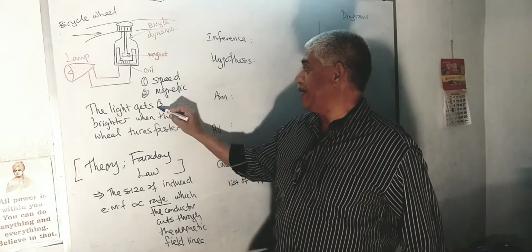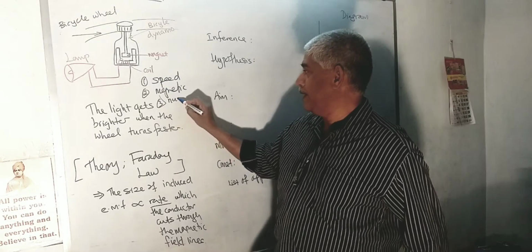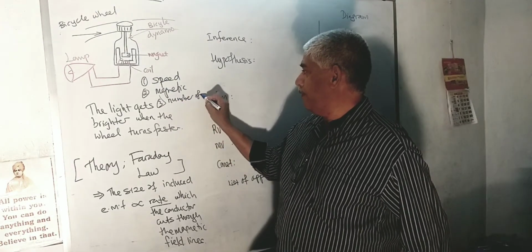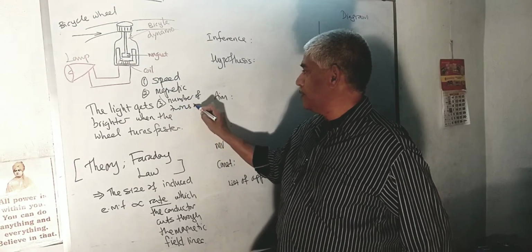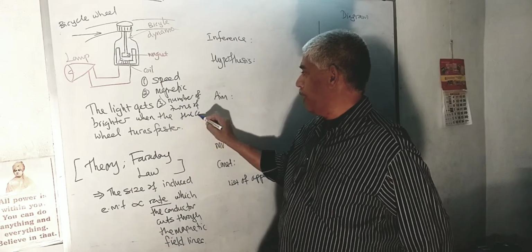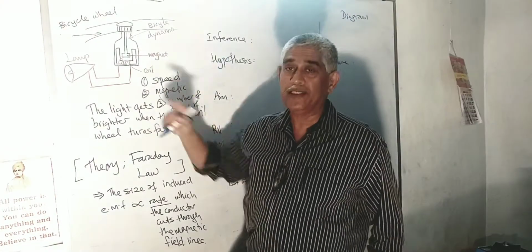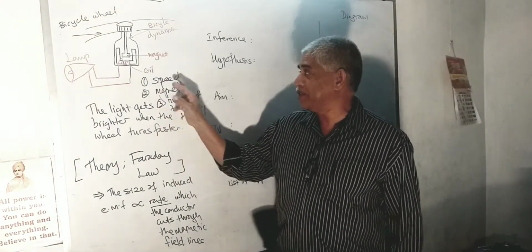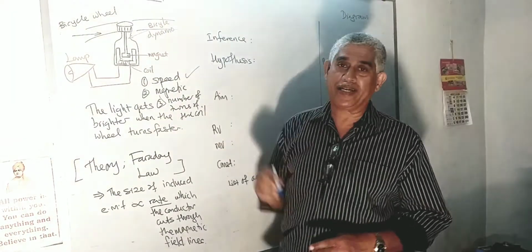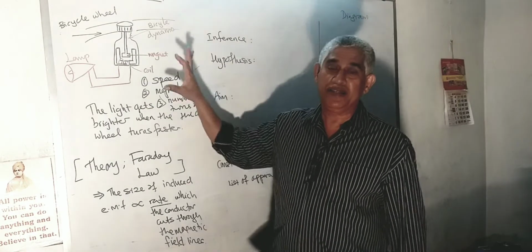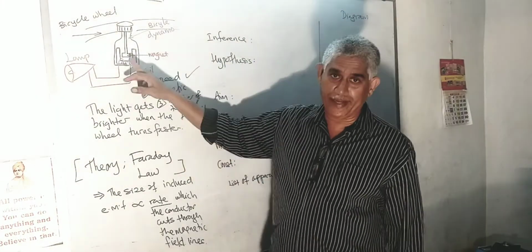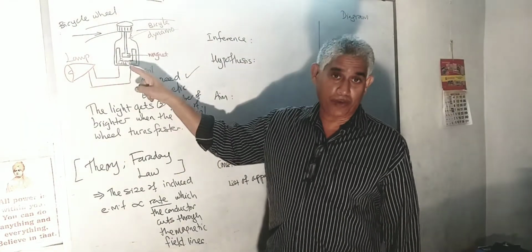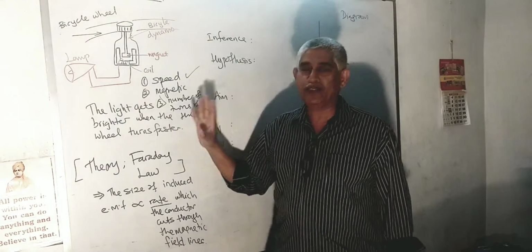And number three, the number of turns of the coil. If the coil has more turns, the bulb will also get brighter. In this particular case, speed is the factor shown in this situation, because we are not changing the magnet and we are not changing the number of turns. So based on this we have to answer.